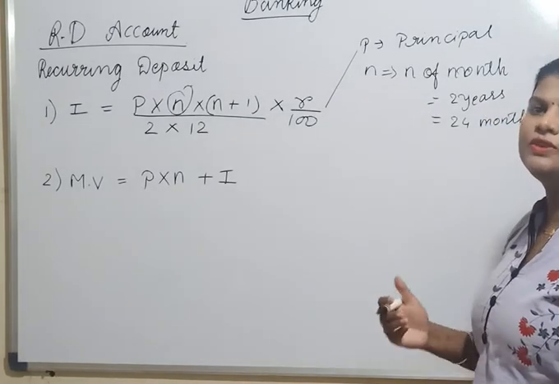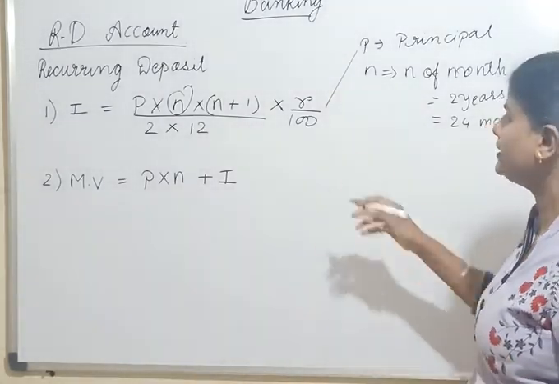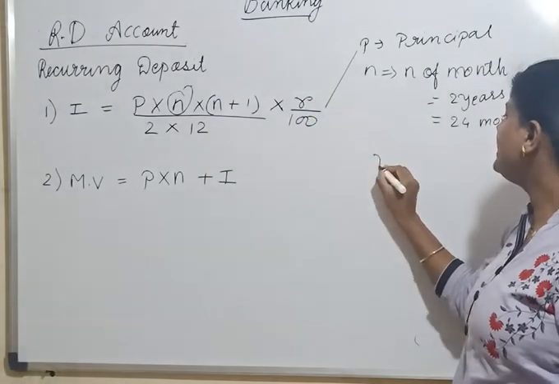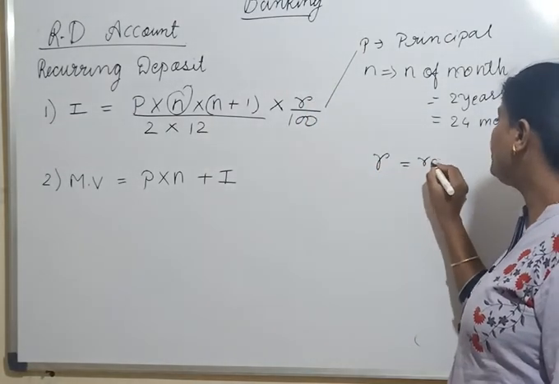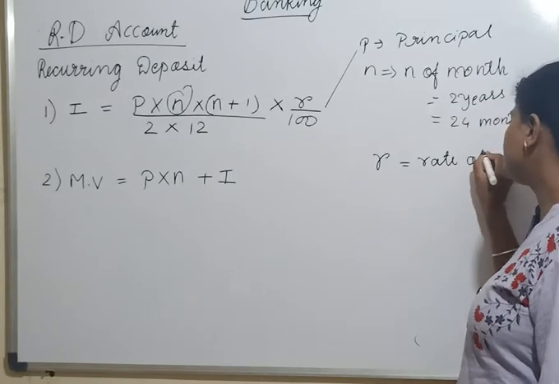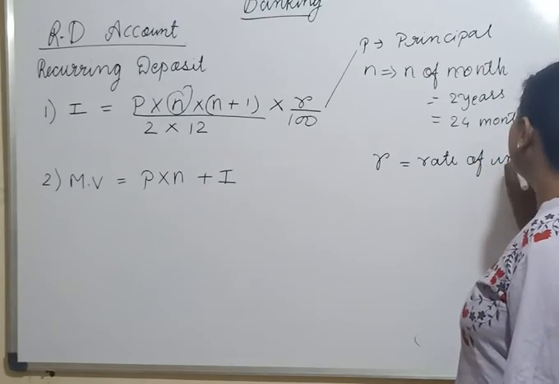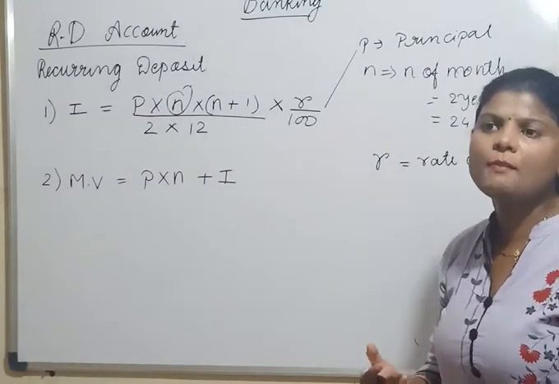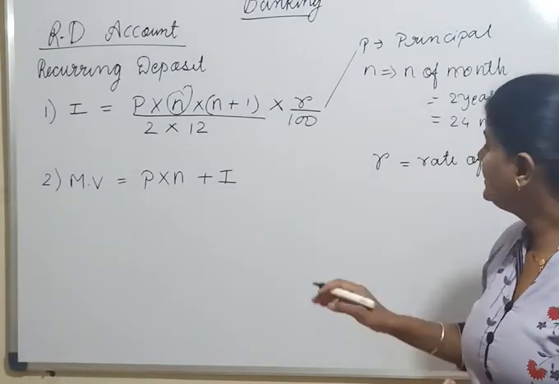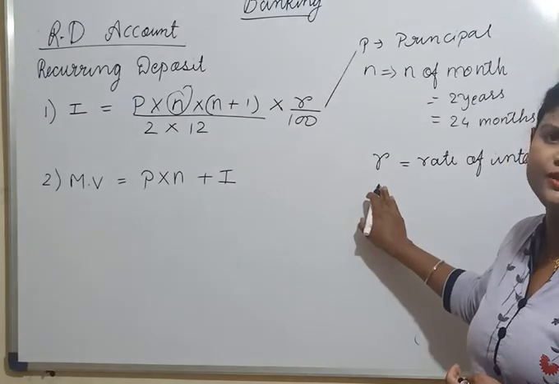In 2 years, we will have 24 months. Then R stands for rate of interest, meaning the percent of interest the bank is giving us.